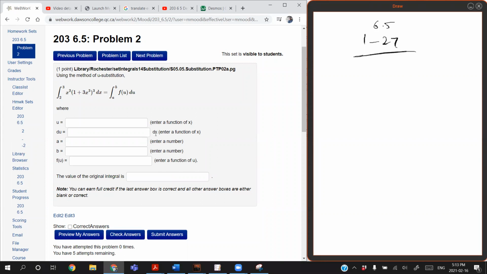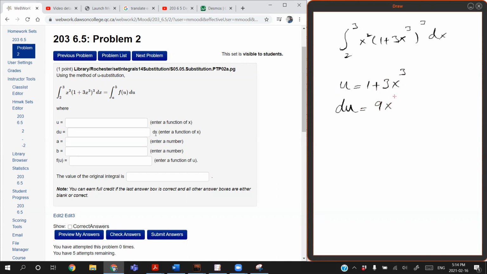So we want to figure out in this example the integral from 2 to 3 of x squared times (1 plus 3x cubed) to the power of 3 dx. If I want to do the substitution, I would take u to be 1 plus 3x cubed, and then du would be 9x squared dx.